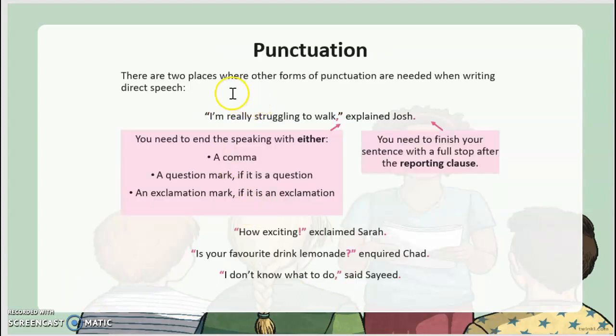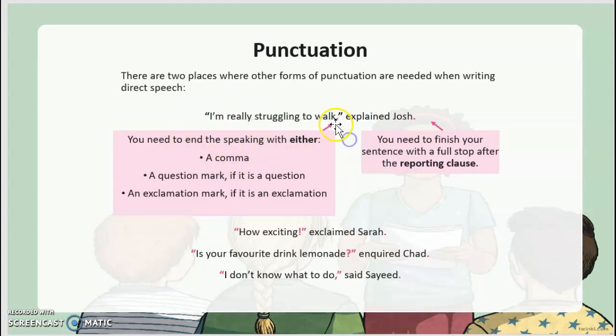So there are also places where other forms of punctuation are needed when we write speech. We need to end the speaking with either a comma, so you can see here there's a comma, a question mark if it's a question, or an exclamation mark if it's an exclamation. We also need a full stop after the reporting clause.